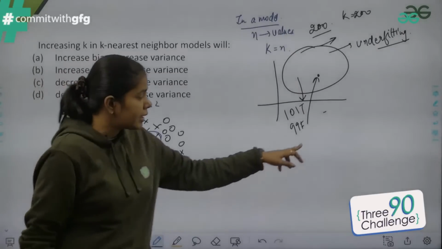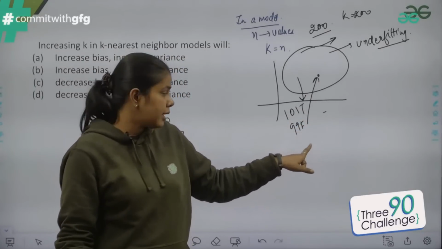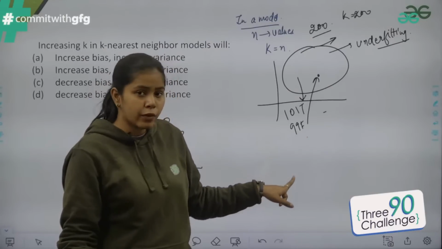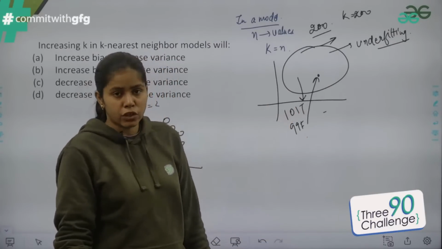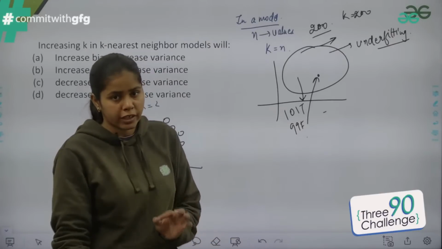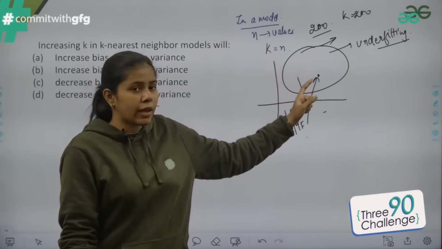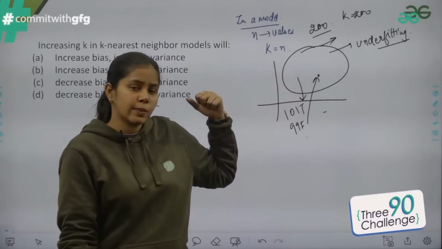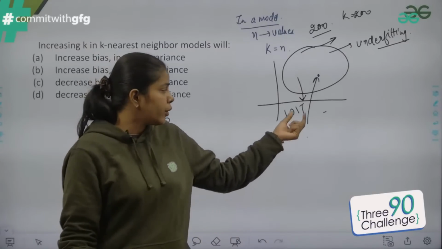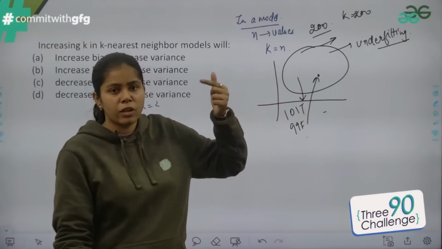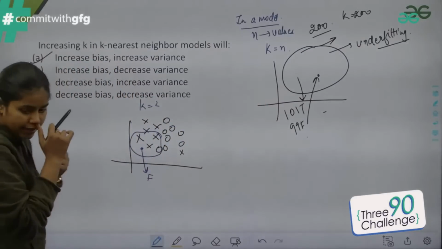All the 99 false points it's giving me a wrong value. If I check using my model, it would give me a true value for each one. So that means we have a lot of training error, which means I have high bias if I increase the value of k. And for each new point as well, it would give me high variance, because it would assign either false or true. So in this case we have high variance and high bias.